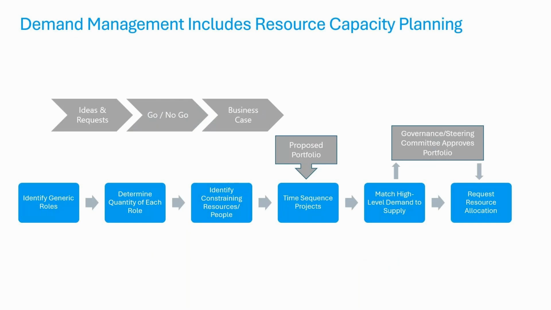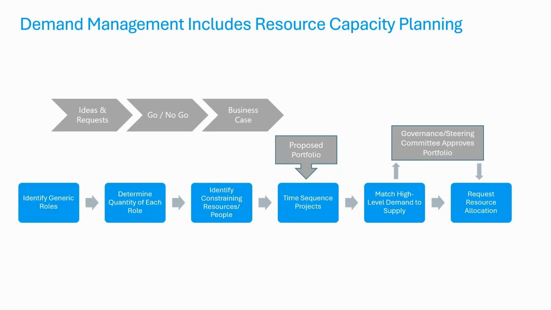So this is really meant to depict that demand management intersects at some point with resource capacity planning. If we look down below, in the blue that talks about resource planning specifically in and of itself, we may build a resource pool and identify the generic roles that we have and determine how many of each that we have.